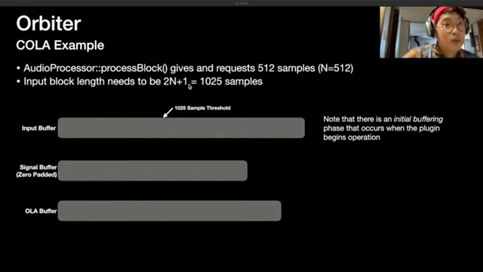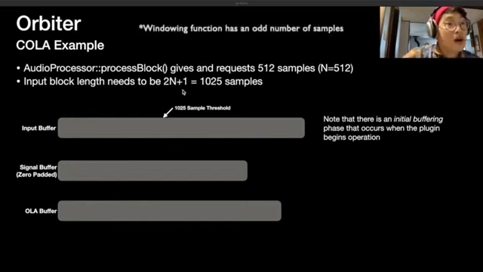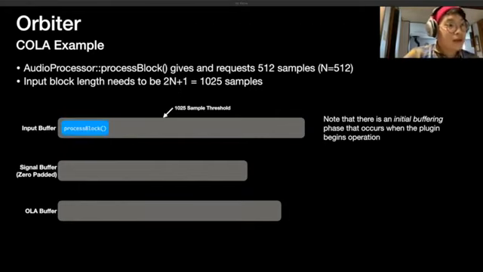By the way, the plus 1 comes from the fact that our windowing function is odd and not even. So after startup, at the first process block call, 512 samples will be input into the input buffer. But because we haven't met the 1025 sample threshold, nothing happens. At the next call to process block, again, samples are added, but we didn't meet the threshold, so nothing happens.